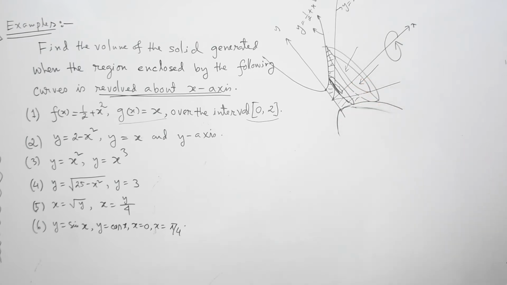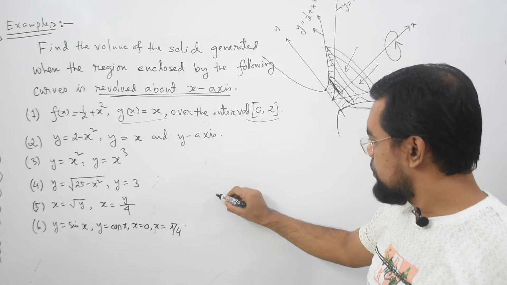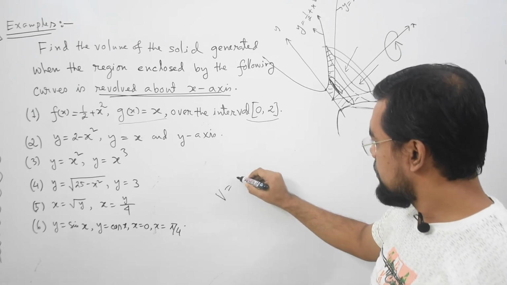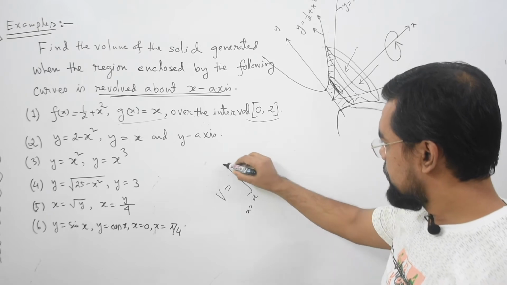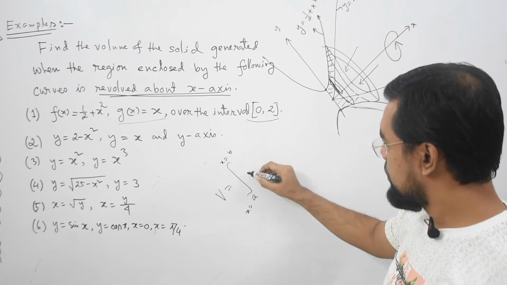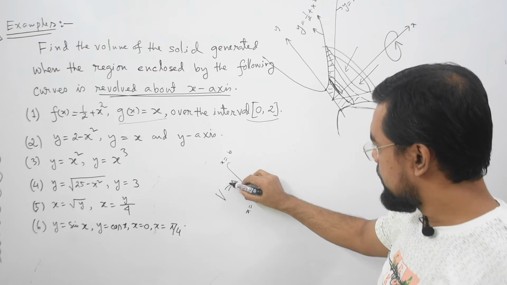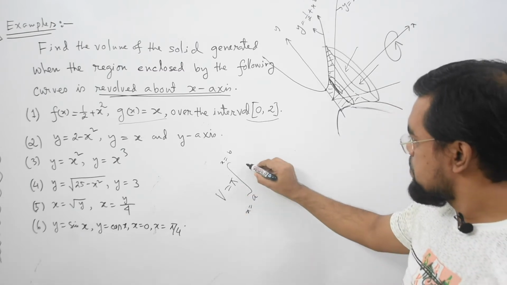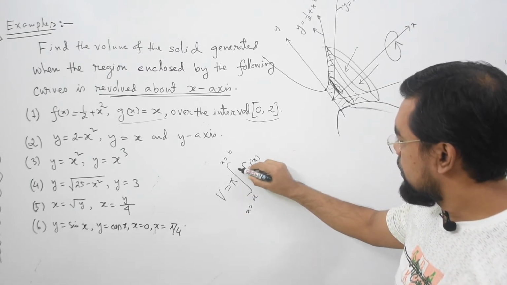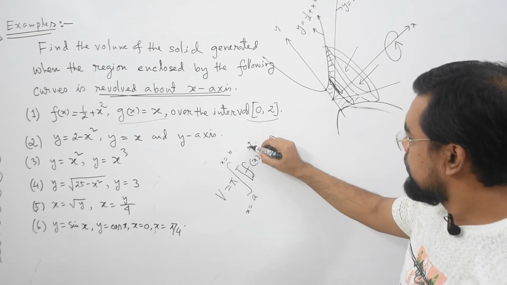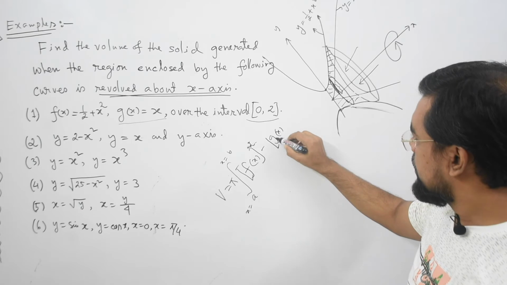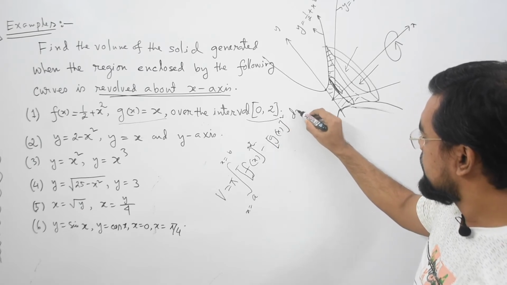So let us try to use volume formula 1, which is the integral from x equal a to x equal b, let me put pi outside the integration sign, of f(x) square minus g(x) square dx.